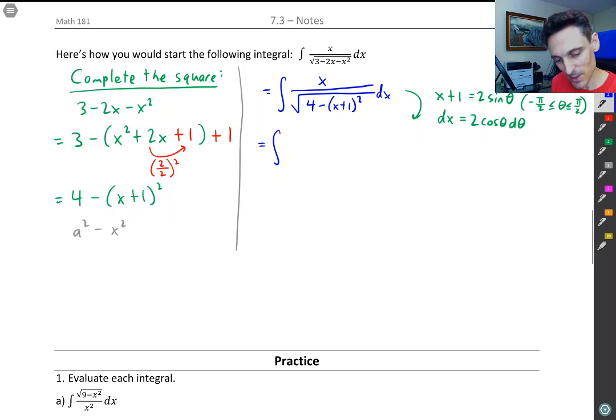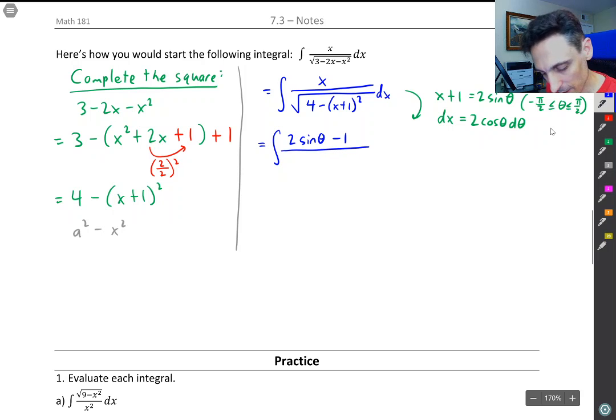This is a little bit tricky because we have x plus 1 equals 2 sine theta. So what does x equal? If you said 2 sine theta minus 1, that would be correct. You just subtract the 1 over, and that would give you what x is equal to. So 2 sine theta minus 1. So you just use that relationship between x and theta and solve it for x by subtracting the 1 over.